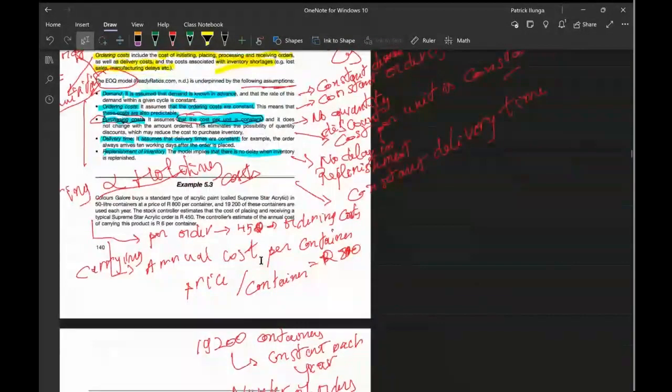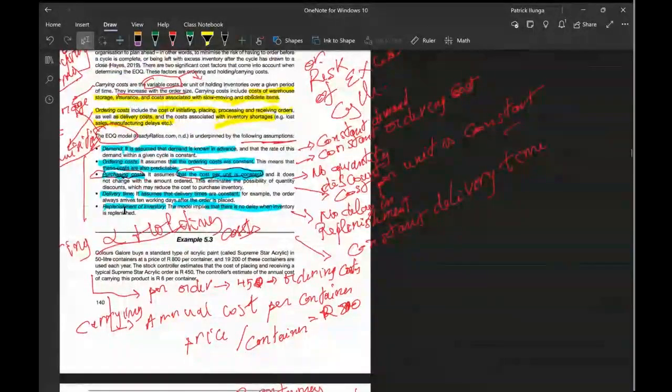Also, one thing that you need to add as well is the delivery time. Whatever you're ordering, there is the delivery time and the replenishment of inventory. You don't want to run out of inventory before ordering. You need to order before your inventory is over.